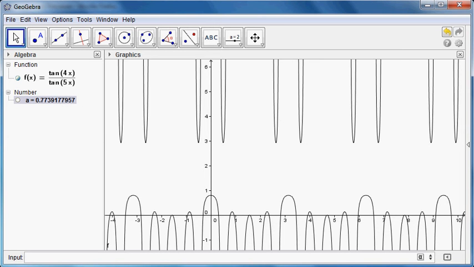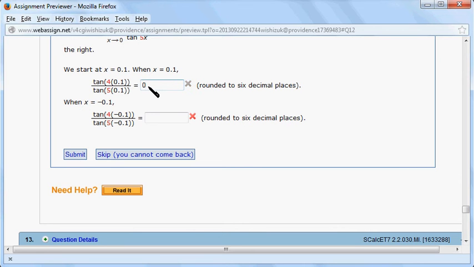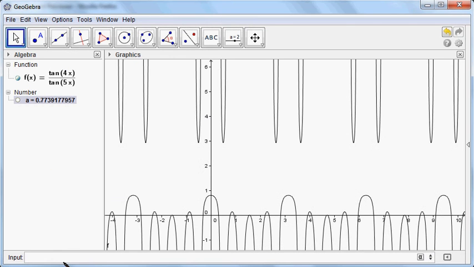So let's type it in. It was 0.773918. Then we try x equals -0.1 as well, so it's f of -0.1.